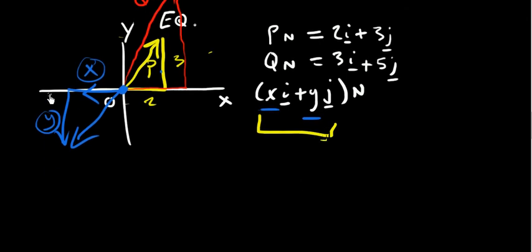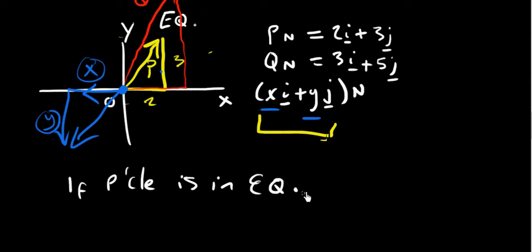We know that it's in equilibrium, so with these questions, when you have it in i's and j's, you don't have to get involved with the angle so much. You can just say, if the particle is in equilibrium, then the overall vector components in the X direction have to be equal to 0.